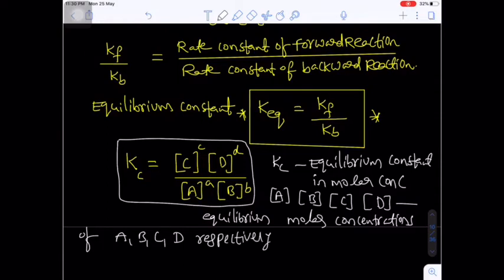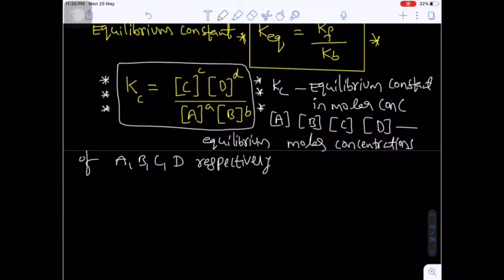Equilibrium concentration of square bracket A, square bracket B, all these concentrations at equilibrium. This is a very, very important formula which is useful to calculate the equilibrium constant in molar concentration.